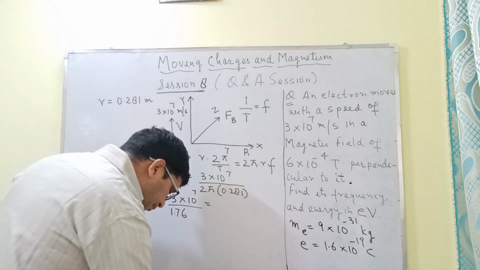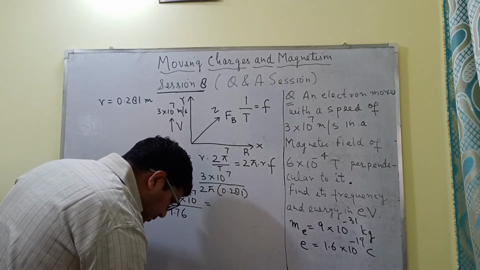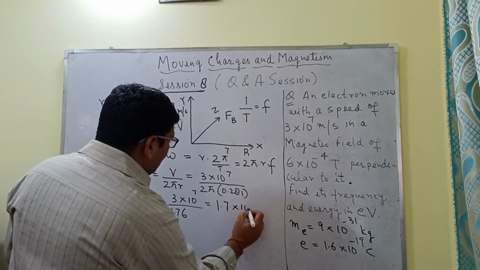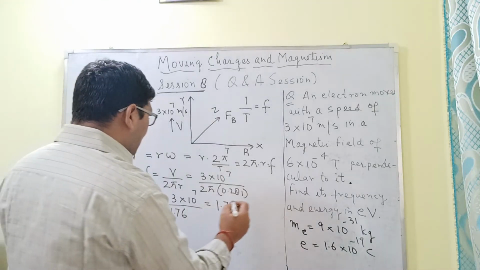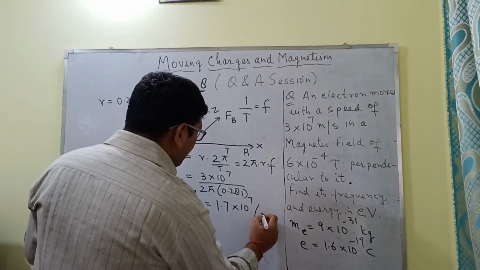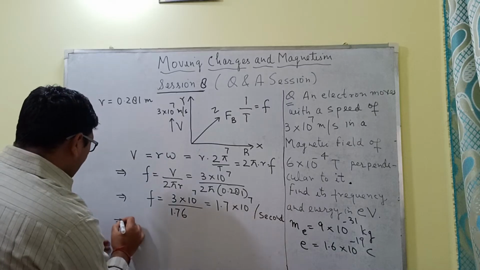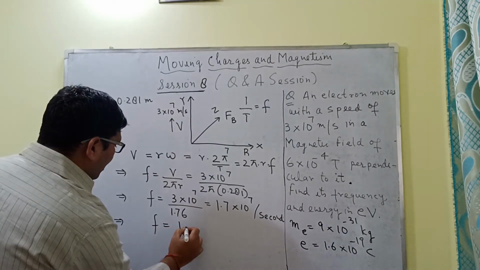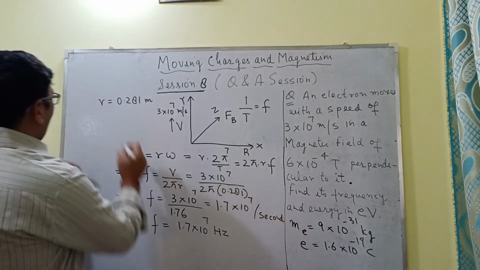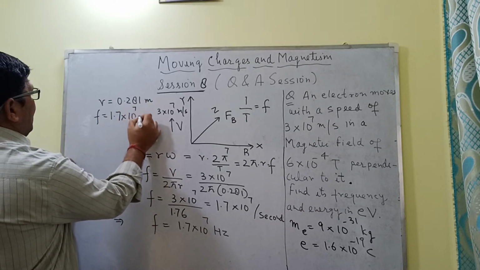So this is equal to 3 divided by 1.76, which is 1.70, into 10 to the power 7 per second, or frequency will be equal to 1.7 into 10 to the power 7 hertz. So the frequency F is equal to 1.7 into 10 to the power 7 hertz.